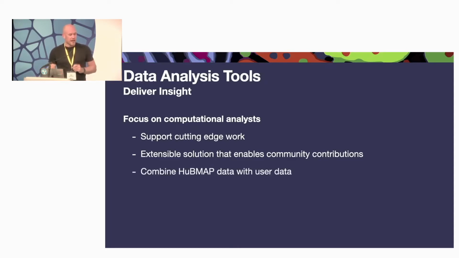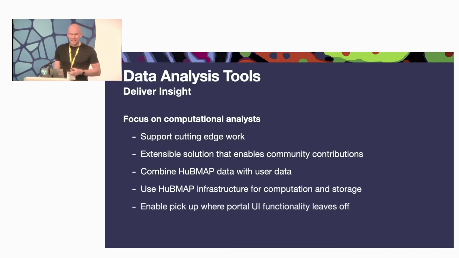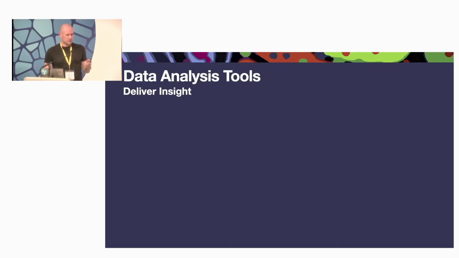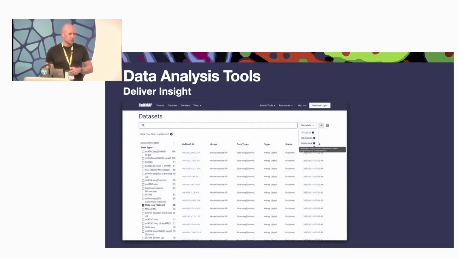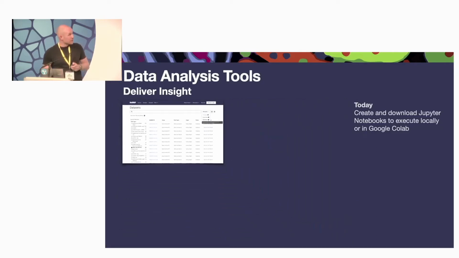We want to combine HubMap data with user data, and use the HubMap infrastructure for computation and storage, and essentially allow people to pick up where the portal leaves off. We enable this by supporting Jupyter notebooks and workspaces in the data portal. Already today you can download a notebook, for example, from your dataset search that will link you to the existing data sets. You can do the same thing for any visualization.